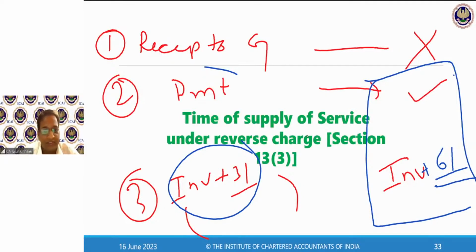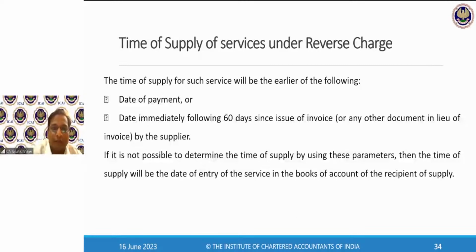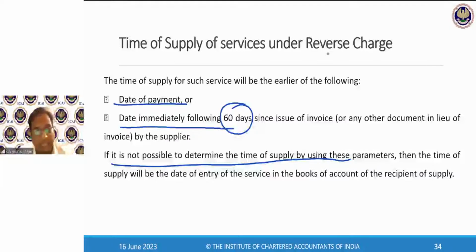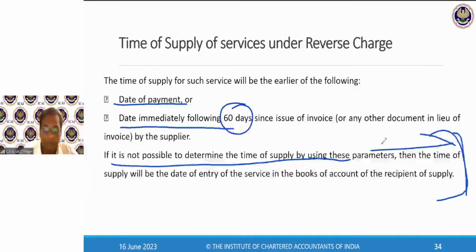Let's read the provisions. The date of payment or immediately following 60 days from the date of issue of the invoice or any other document. If it is not possible to determine the time of supply using the above parameters, see, this provision is the same for goods and the same for services. This last para: suppose the payment is not available, suppose immediately following 60 days is not available, the invoice is not available.